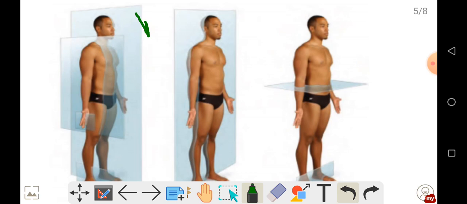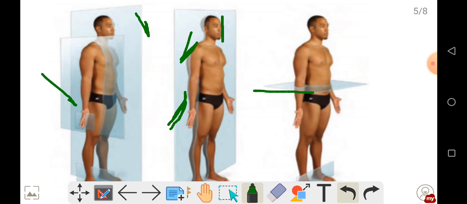Then this one here is just the sagittal plane. Then this is what we call the coronal or frontal plane. The coronal or frontal plane divides the body into the front part and the back part, or in scientific terms, the anterior and the posterior.